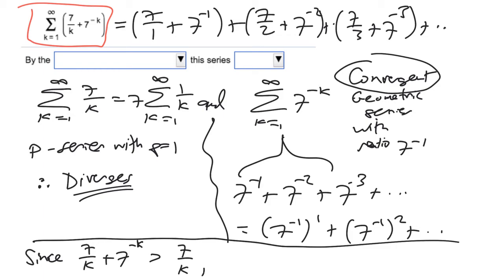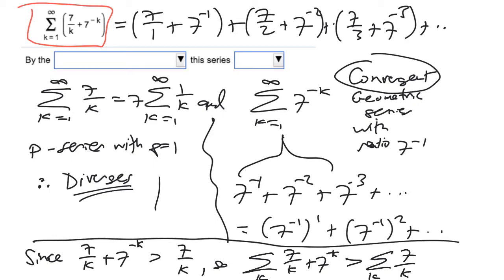So that means that summing up all of these expressions like I have in the problem is going to be a bigger value than summing up the corresponding values of 7 over k. What we just showed over here on the left is that 7 over k is tending to infinity.